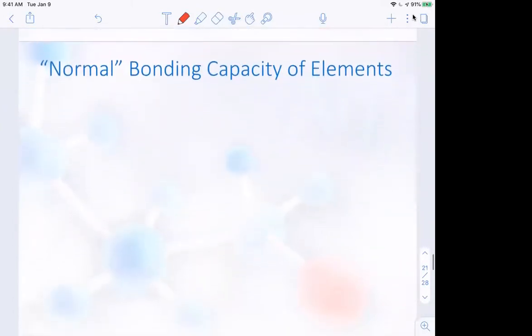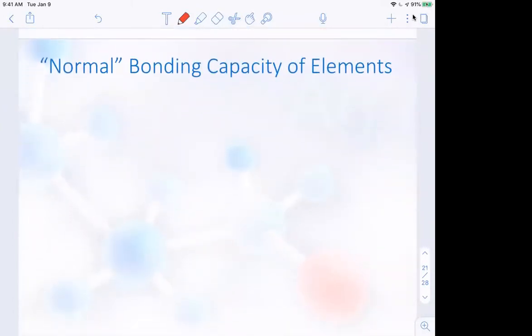So what are these normal bonding capacities? Let's go over a few elements. If I look at hydrogen, I have one electron, right? So this wants to form one bond. It is an exception to the octet rule because it wants to accept an electron to form a bond.